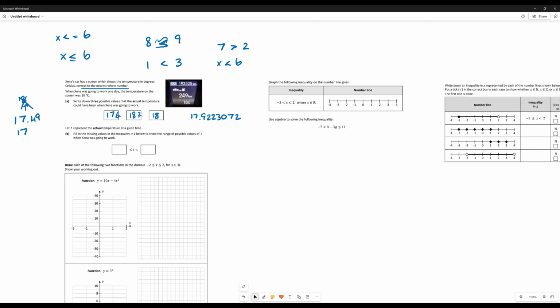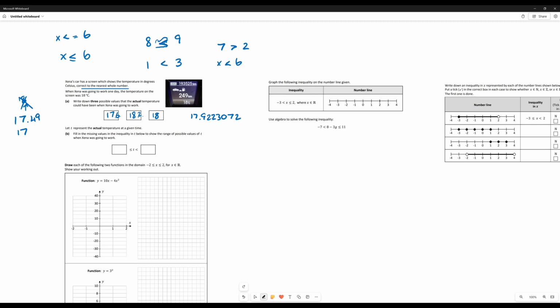So what they're saying here is fill in the missing values in the inequality in T below to show the range of possible values of T when she was going to work. So it's the idea that the car was telling her it was 18 degrees, and we put down 3 suitable answers. Basically, it's saying how far can it go either side of the 18 before it stops making sense?